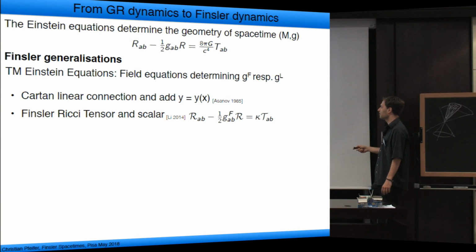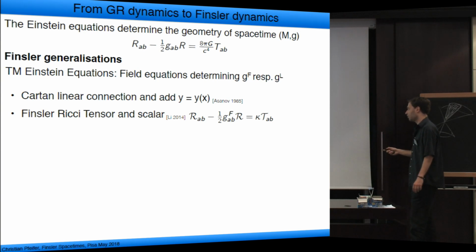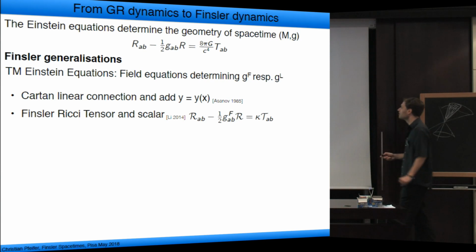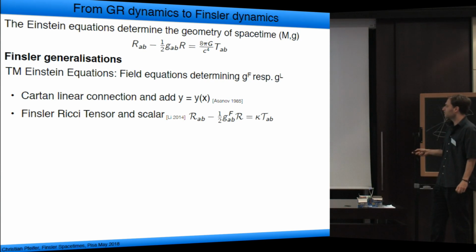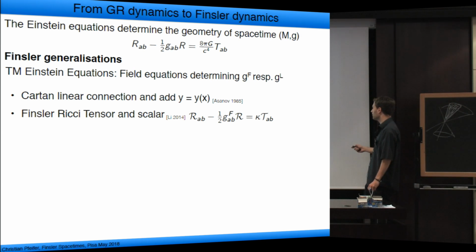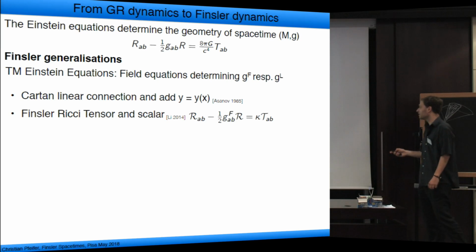Examples in the literature are the ones by Asanov, who used the curvature tensors of the Cartan linear connection and replaced this open y dependence by another vector field. Or Li wrote down similar equations in terms of the Finsler-Ricci tensor and Finsler-Ricci scalar, where it's a bit open. I didn't completely understand what this energy momentum tensor then is.